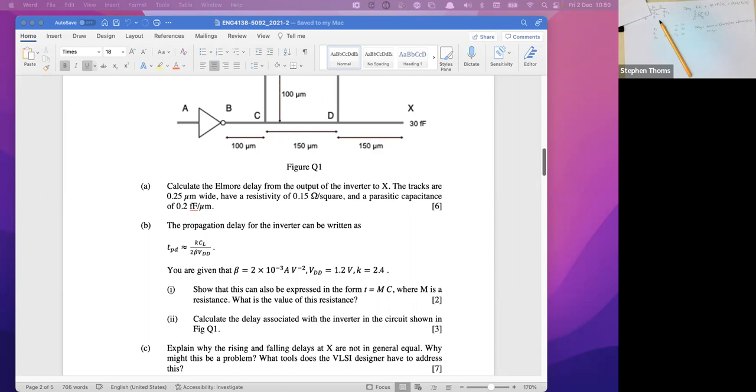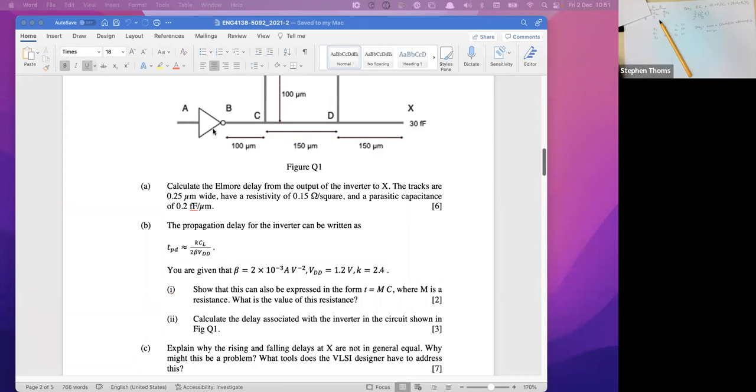Well, what you need to do for that, of course, is to think about what causes the delays. So the delays come from RC, effectively, or you're charging up the capacitor at X, and the speed with which the capacitor at X is charged depends on the gain of the transistors in the inverter, which is beta.